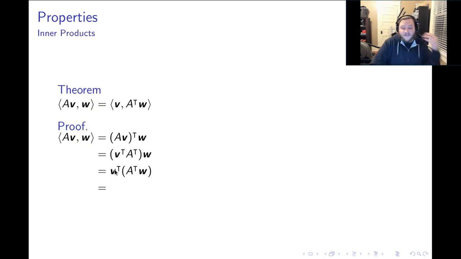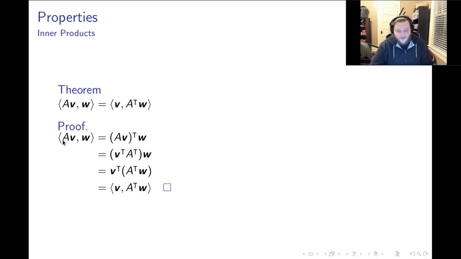Now this is the same thing as V transpose multiplied by this other vector, and according to the matrix multiplication formula for inner products, this is the same thing as the inner product of the vector on the left, V, with the vector A transpose times W. And that concludes the proof.